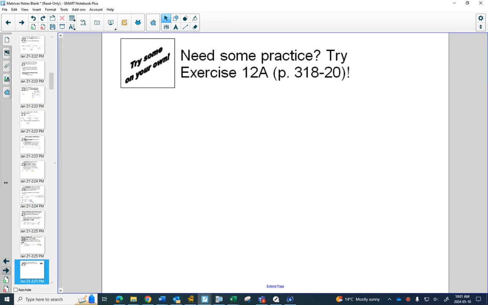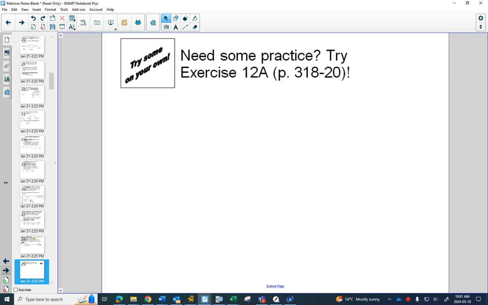I know that you will definitely need some practice with this, so I have a worksheet. If you want to smile at it and look at it, and that's all you do, that's okay. But I will hand it out, and then you can work on it.